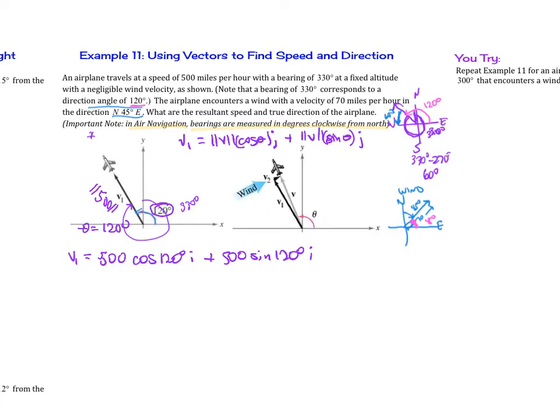Then we have V2, and we're writing it from here. The magnitude of V2 is 70, and our theta is 45 degrees, the direction angle. So this is going to be 70 cosine of 45 degrees i plus 70 sine of 45 degrees j.